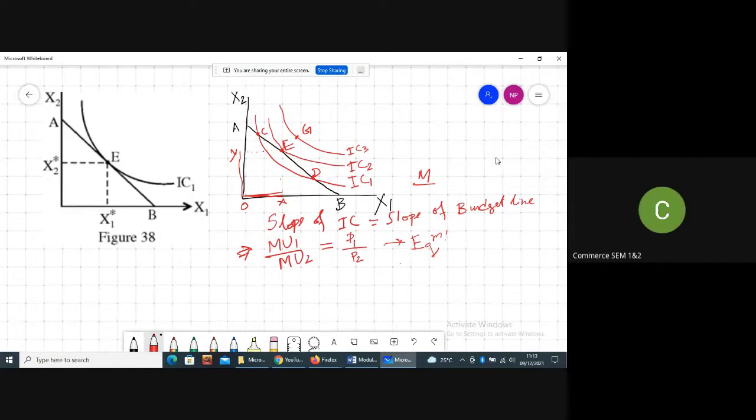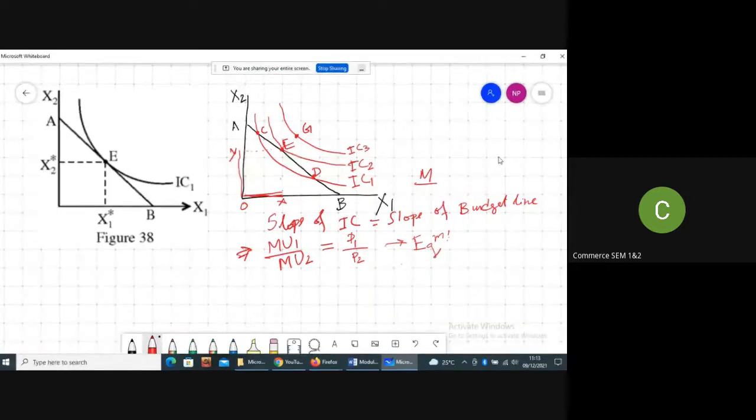Exactly. So this is beyond your budget. Your pocket does not permit you to consume at point G. Even if point G gives you a higher level of utility, you simply cannot afford it. So this is beyond your budget line AB. Any point outside your budget line is not affordable.